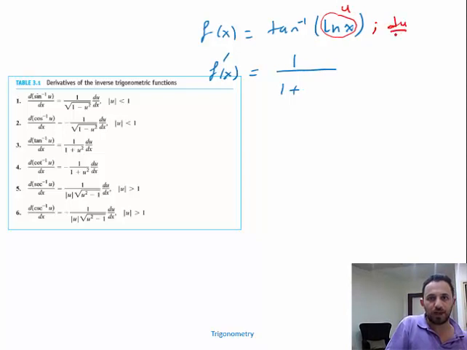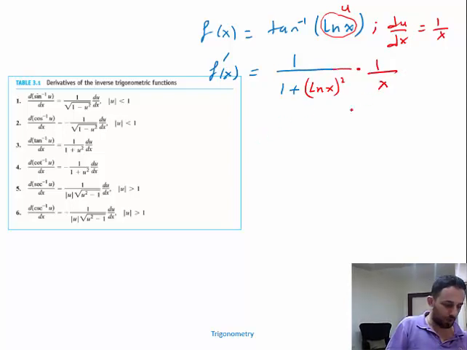And du by dx is equal to 1 over x. So it is 1 plus u square, which is ln x square, multiplied by du by dx.